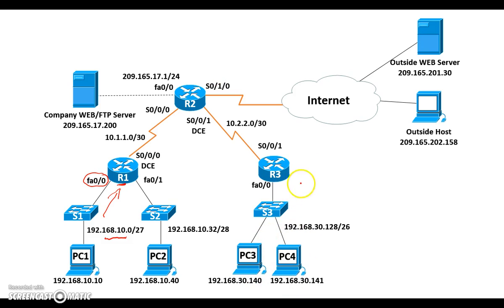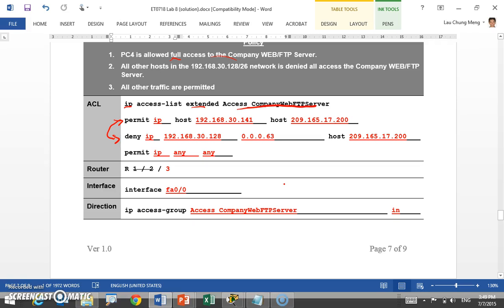As close to the source as possible will be R3. We are trying to permit or deny traffic going in this direction from this source. So the closest interface is FA0/0, going in. We apply it on FA0/0 inbound, and we put the name of the ACL here.